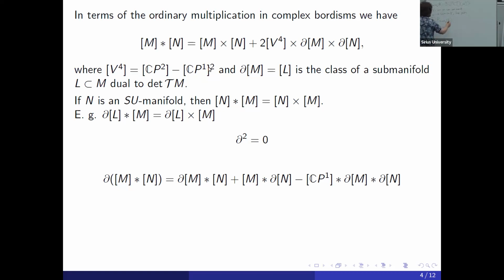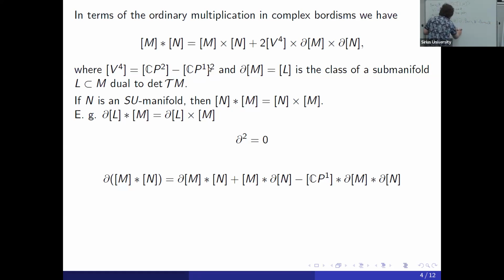And second, we have such a partial differential D. For example, if X is smooth and the polar divisor of omega is normal crossing, then the formula for D is the following.